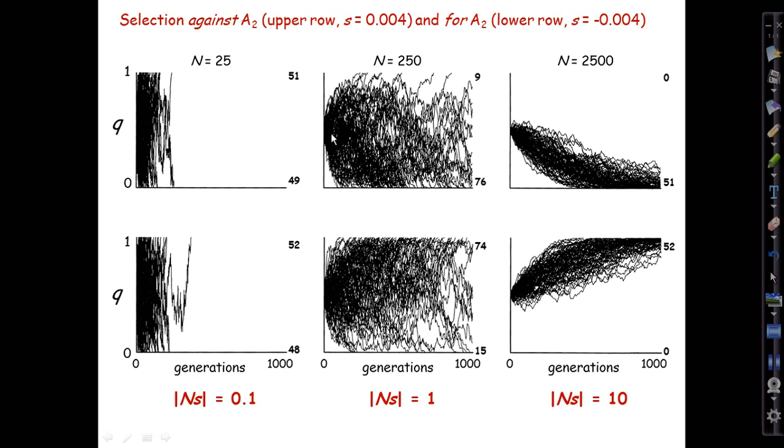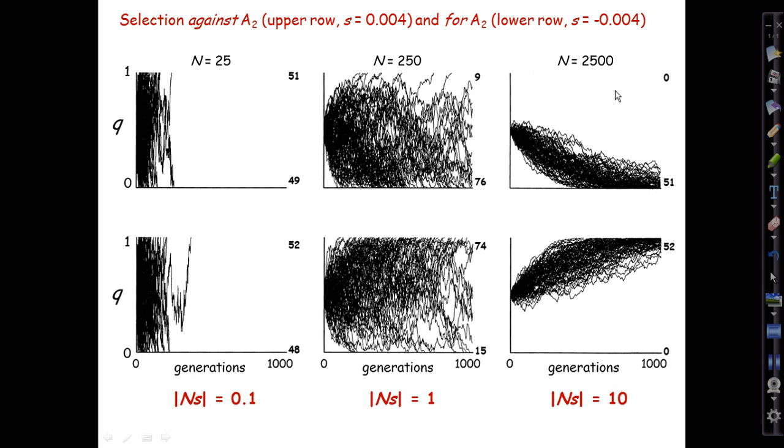Starting from frequencies of 50%, you can bet that the chance is greater that the favored allele will fix, but you can't be certain in any individual case. Something like 10 to 15%, it would appear, of all the cases are going to fix for the disfavored allele, but only 15%, not 50%, as in the small population.